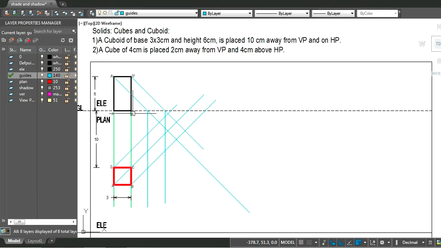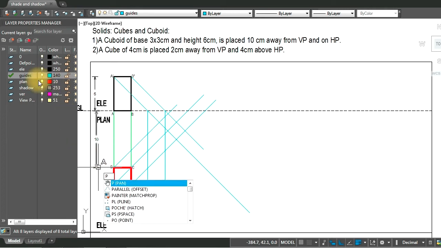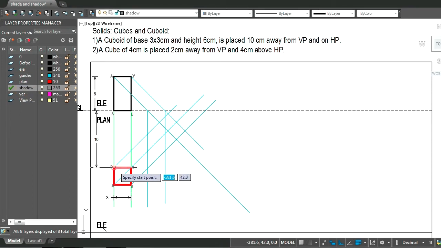Since the object is kept on the base, we know that the shadow starts from the base of the object, right? So starting from D, we go all the way up where now the light rays coming in from A and D are seen in elevation, so it is the same light ray from A dash that will be shared by points A and D, right?